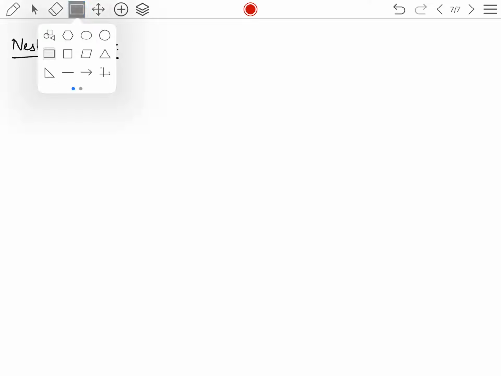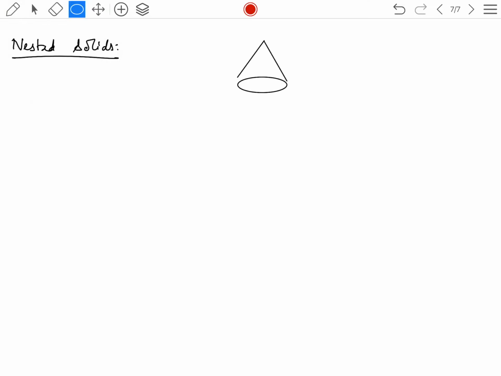See, the shape is nothing but one cylinder and one cone. All of you know what is a cone. Suppose this is one cone. I'm trying to draw one diagram for you.